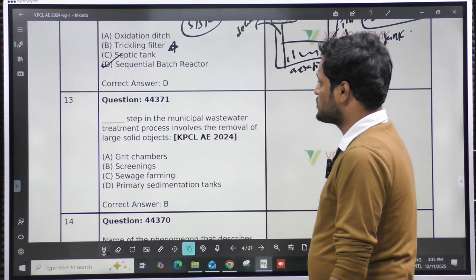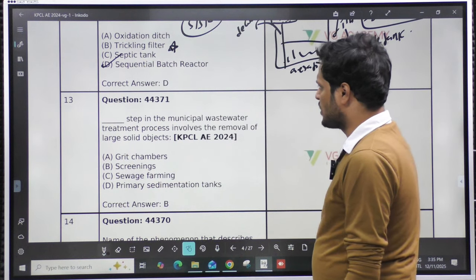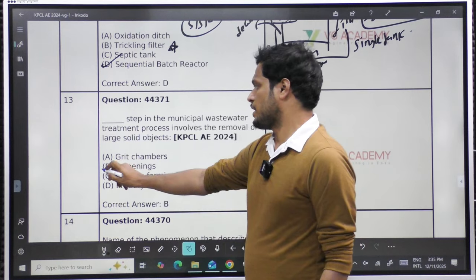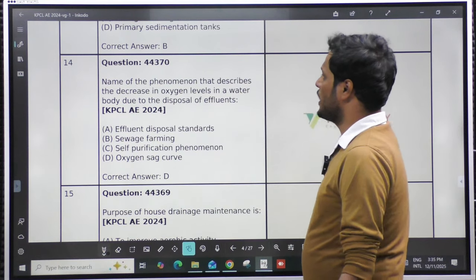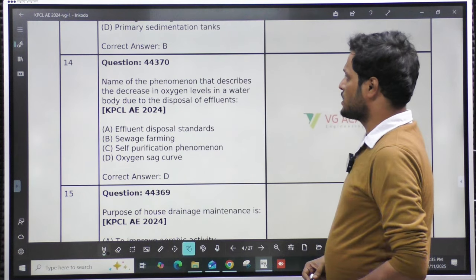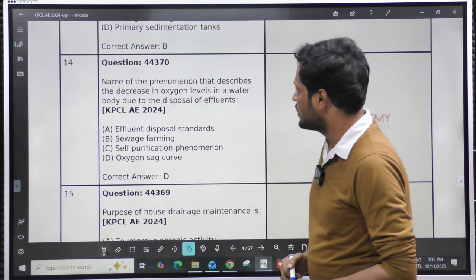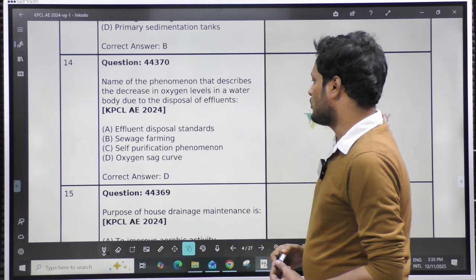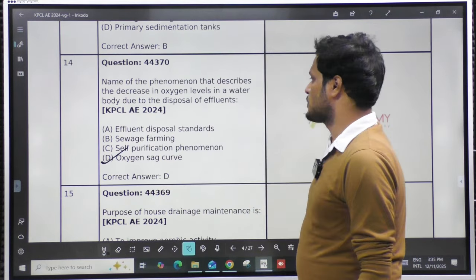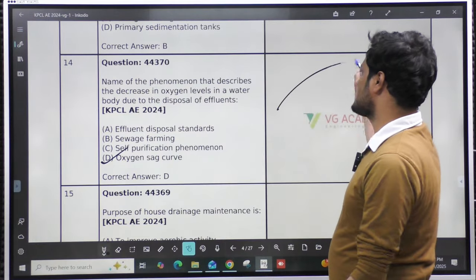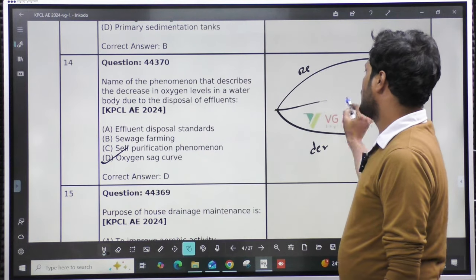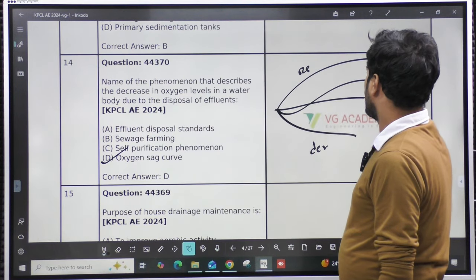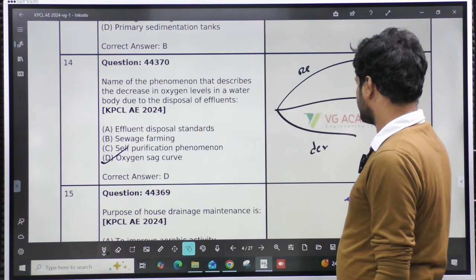Dash step in municipal solid wastewater treatment involves the removal of large solids: screening. Name the phenomenon that describes the decrease of oxygen level in a water body due to disposal of effluents: oxygen sag curve. Whenever we dispose, the processes of reoxygenation and deoxygenation continue, which forms the oxygen sag curve.